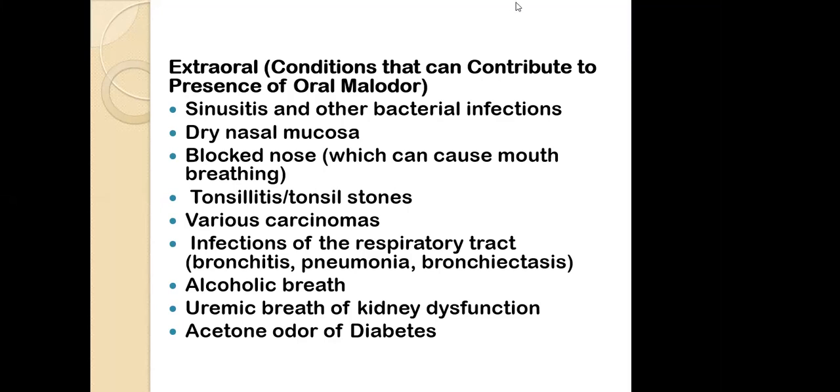Okay, let me check that. Let me check the question. Oh, the geographical tongue, yes. I said the geographical tongue happens to be fairly common.